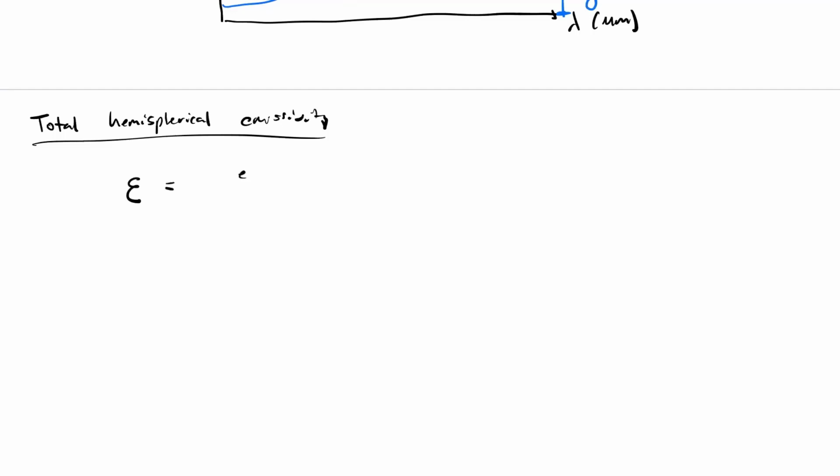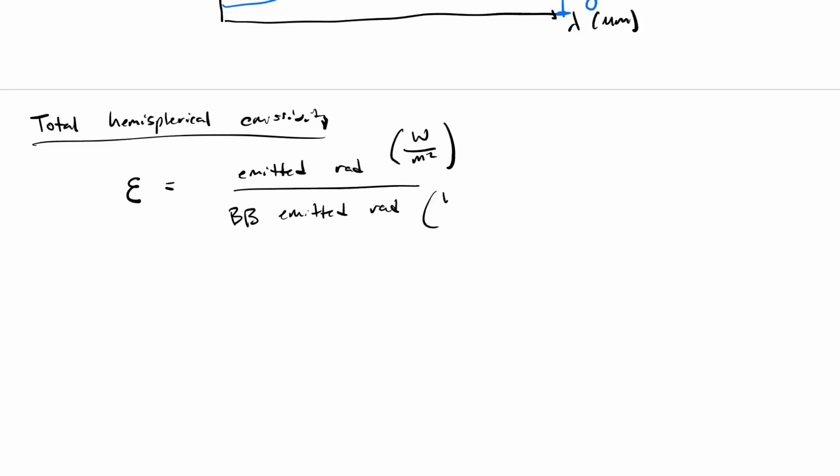So this is emitted radiation in units of watts per meter squared, as opposed to watts per meter squared micron. It's just watts per meter squared now, divided by the equivalent for the black body, again with watts per meter squared.